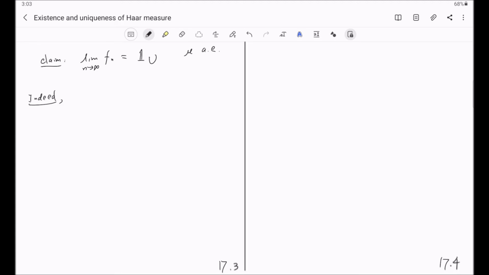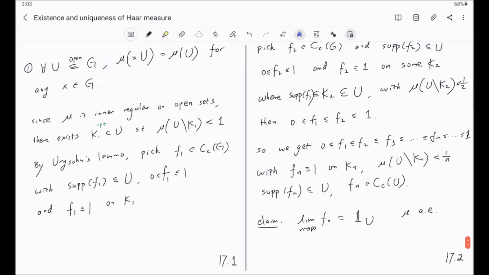Indeed, if you look at the indicator function on U and the indicator functions on those Kn's, since by our construction Fn's are all constant equal to 1 on Kn, Fn's are greater or equal to the indicator function on Kn.